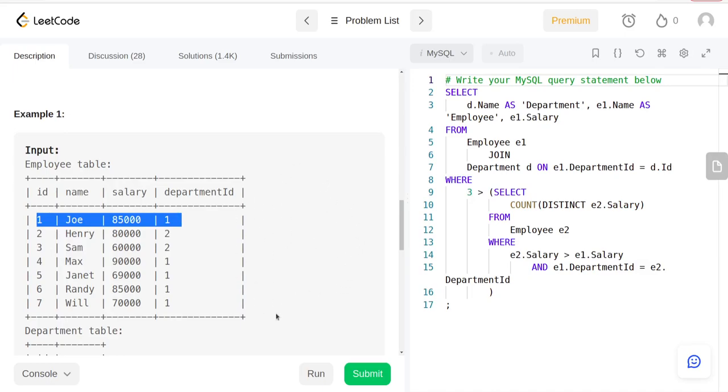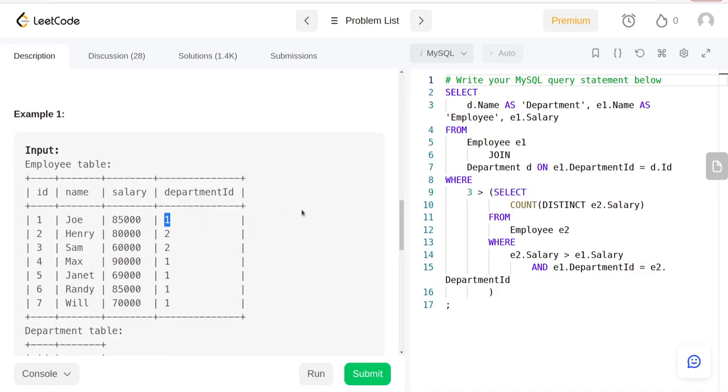Consider that I'm not joining that table, I just have everything in it. This first entry, which is Joe, he's earning this. I have his salary, I have his department ID.